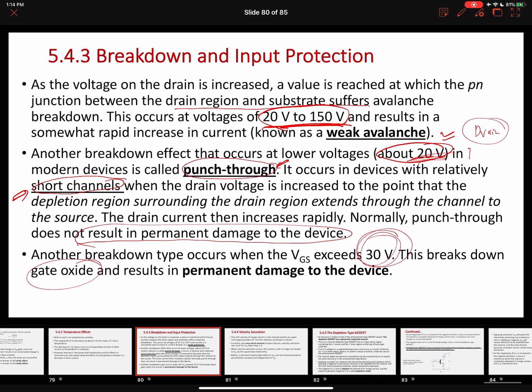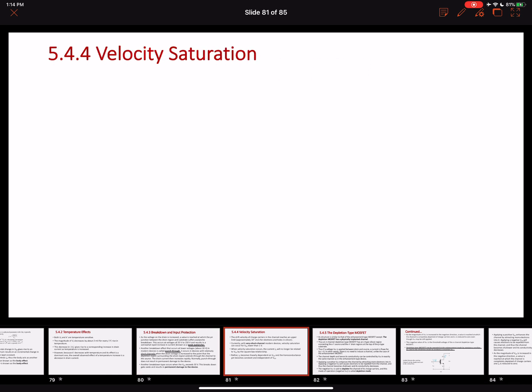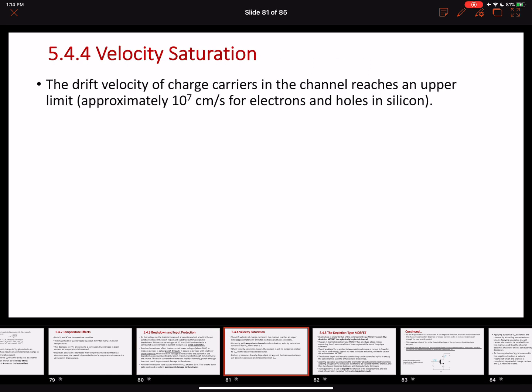Okay, so there is one more quick thing we're going to talk about, which is velocity saturation. There is a saturation, or the highest mobility or drift velocity, of these charge carriers that we can have. For example, in silicon, it is approximately 10 to the 7 centimeter per second. And the idea is that as we increase the voltages, the drift velocity is increasing.